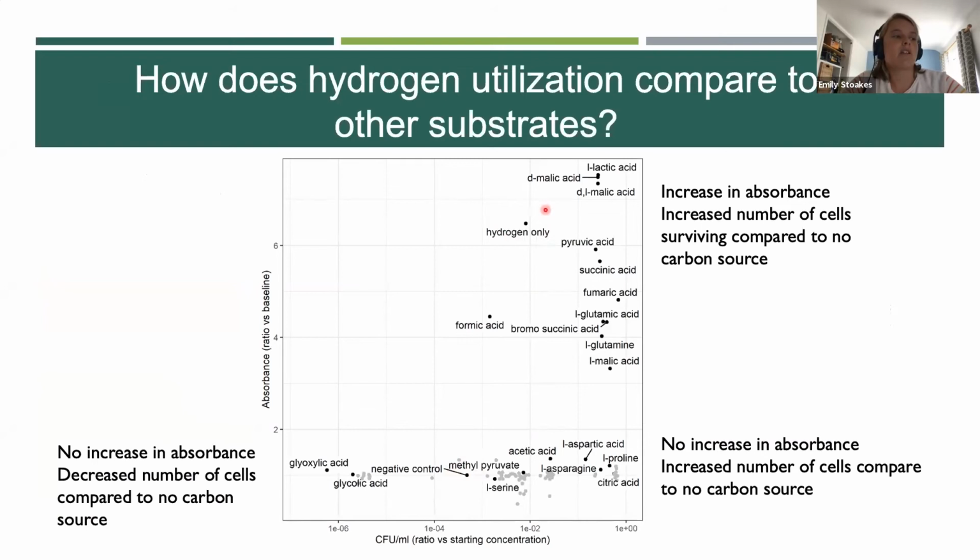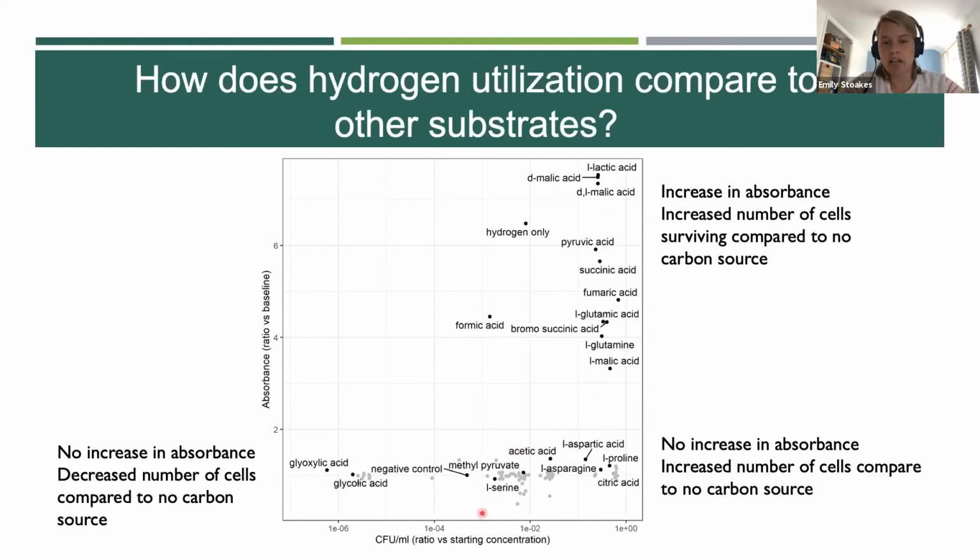I can see three groups here. This is group 1, and these are the substrates where there was a change in color in the Biolog plate, so there's an increase in absorbance over that 24 hours, and there is also an increased number of cells surviving when you compare it to the negative control down here. The second group is to the right of the negative control.